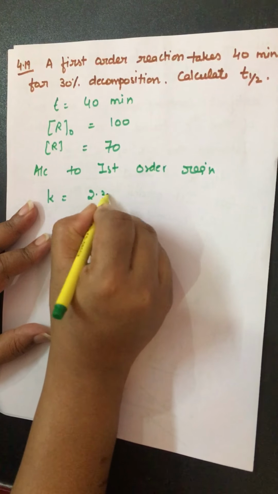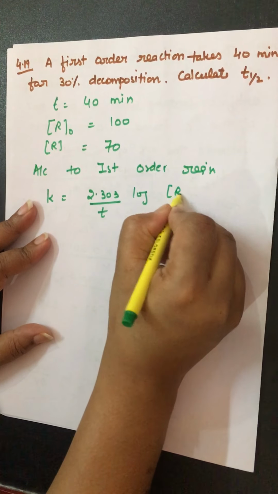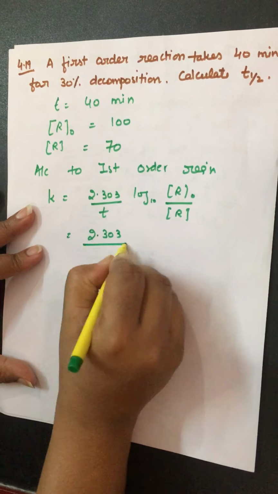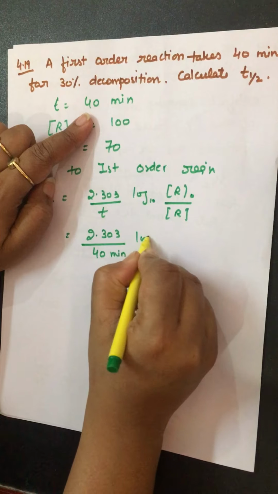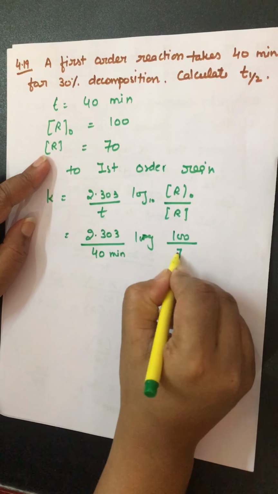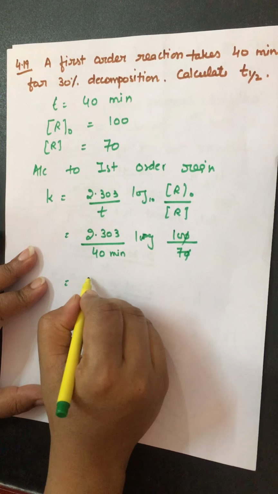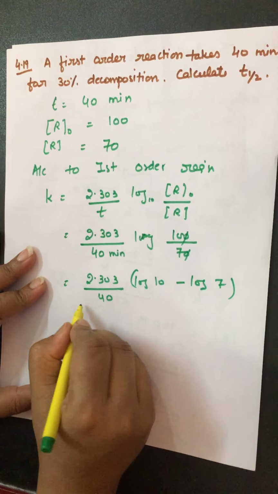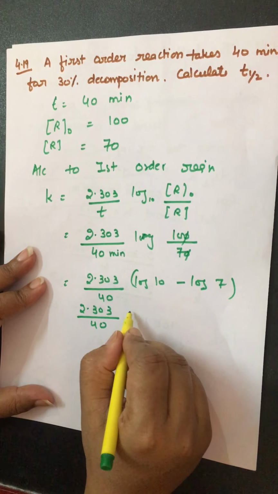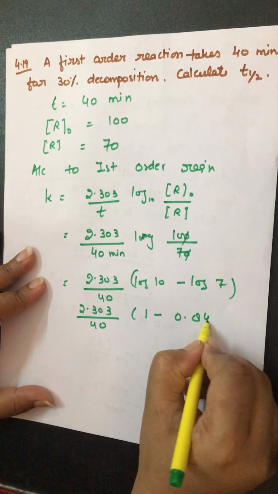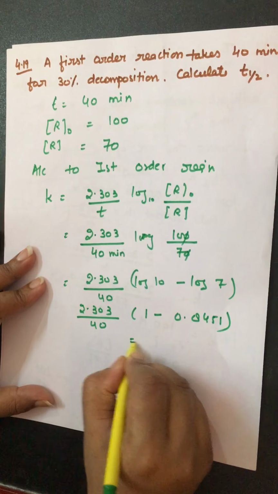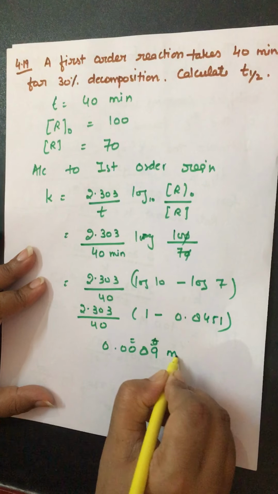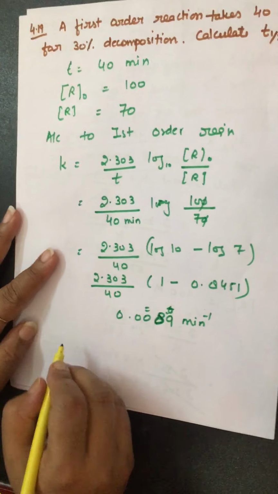K equals to 2.303 over T log base 10 initial concentration over concentration after time T. Apply the values. 2.303 over T is what? 40 minutes log 100 over 70. सॉल्व करते हैं. 2.303 over 40 log 10 minus log 7. 2.303 over 40 log 10 value is 1, log 7 value is 0.8451 and it comes out to be, overall solve करके it comes out to be 0.0089 minute inverse.